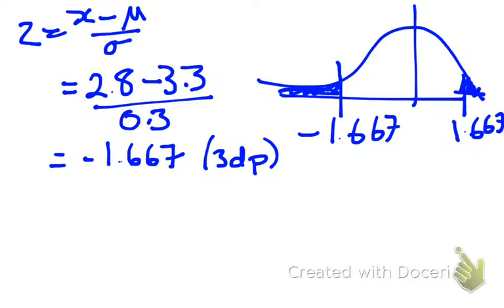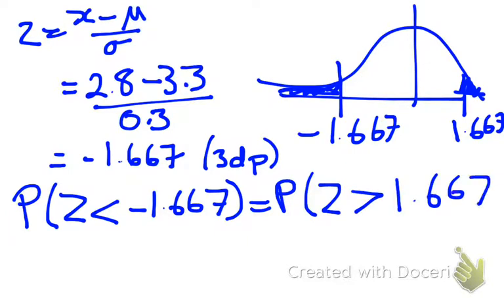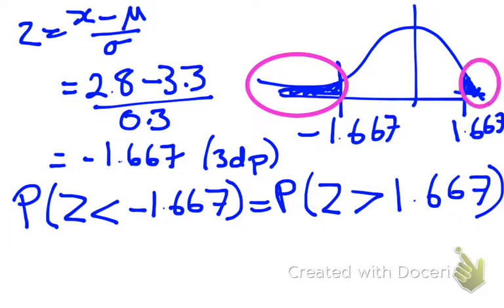So I could say that the probability that z is less than negative 1.667 is equal to the probability that z is greater than positive 1.667. That's just saying that that small tail on the left is the same size tail as on the right-hand side, but we have changed the z value from negative to positive.